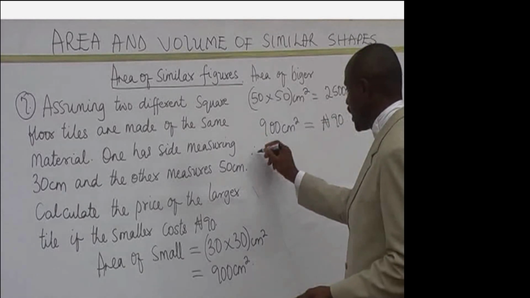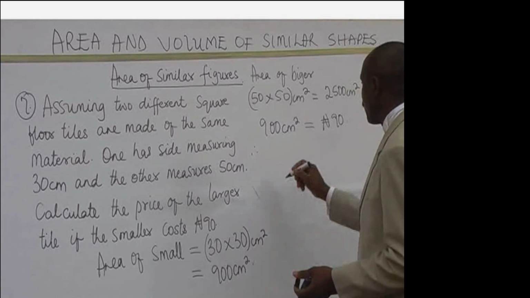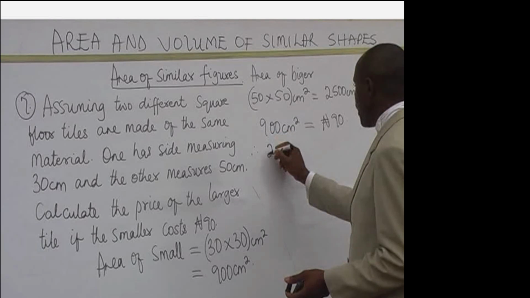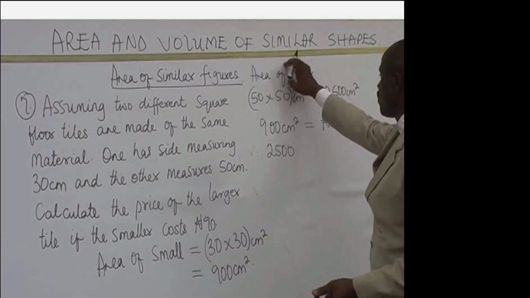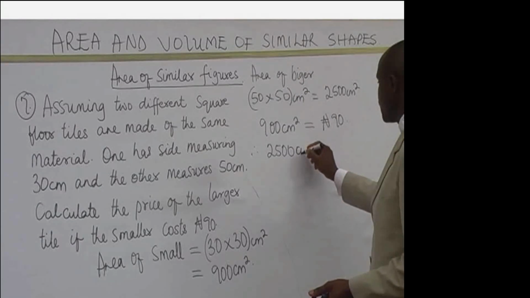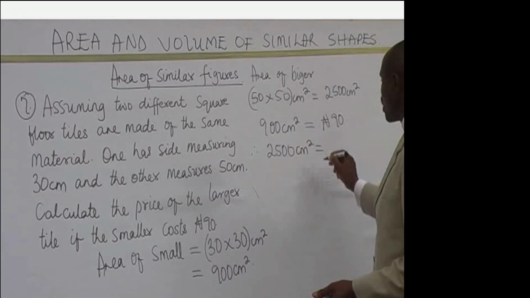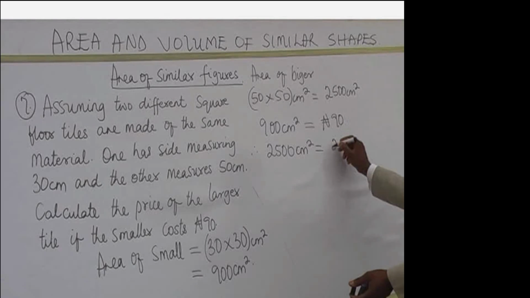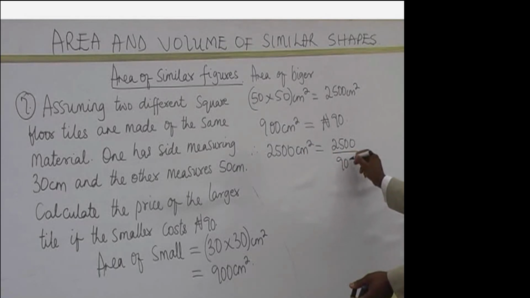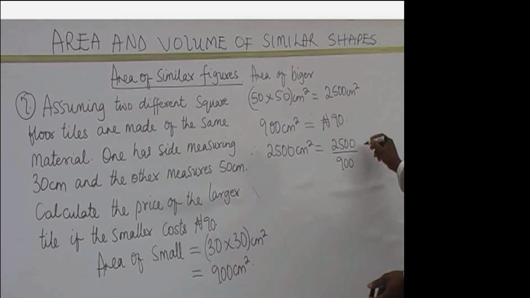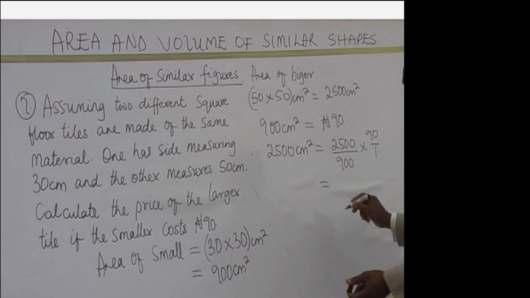Therefore, in direct proportion, the tile with an area of 2,500 centimeters squared, the area of the bigger one, will cost 2,500 divided by 900 times 90, all over 1.